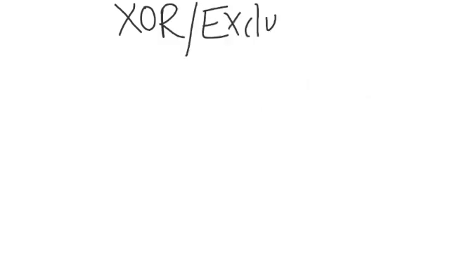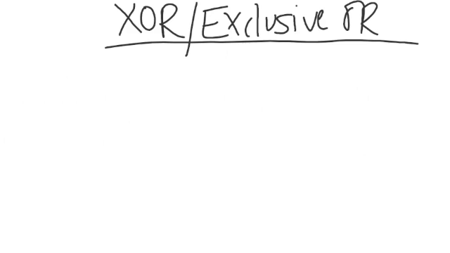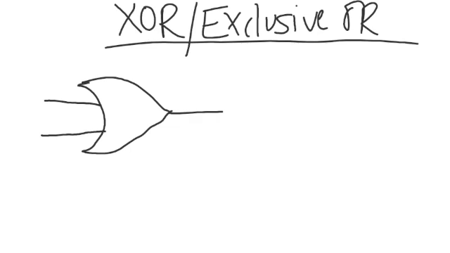XOR, or exclusive OR. For exclusive OR, first of all, you have to draw it like an OR gate. Then you just put a curved line over here. There's one output, which is Y, and the inputs are A and B. Exclusive NOR, XNOR.